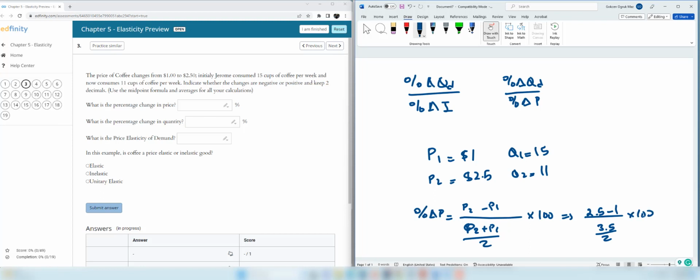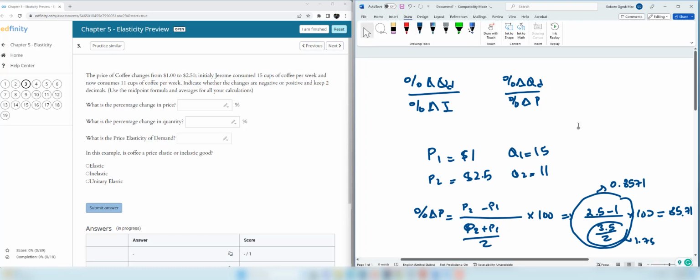Let's find 3.5 divided by 2. This part is 1.75. And the numerator is 1.5. So 1.5 divided by 1.75 is equal to 0.8571. If you multiply this by 100, it's going to be 85.71%. Since the question asks to keep 2 decimals, I keep 2 decimals.